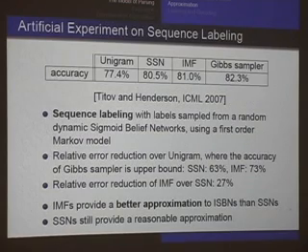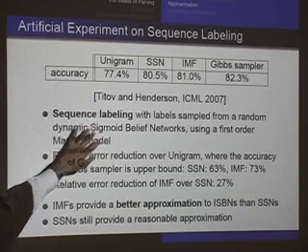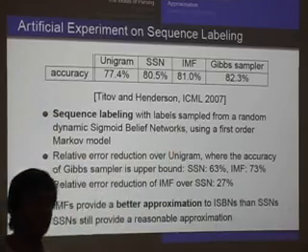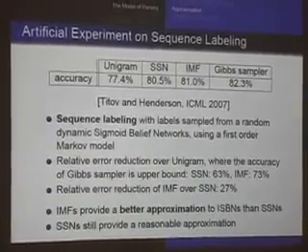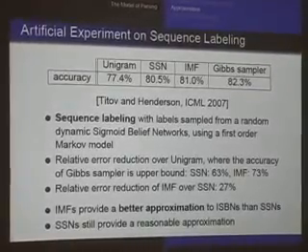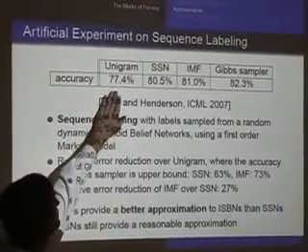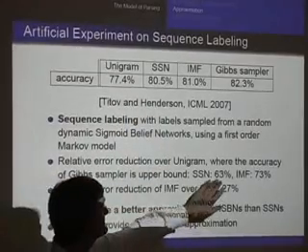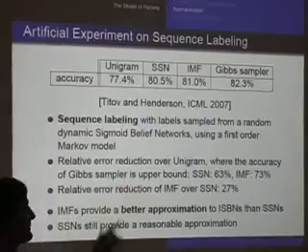Okay, so the first question is, are these good approximations? We did a simulation with just a sequence labeling problem, so it is a Markovian problem, and we did that because then we could do a Gibbs sampler to give us an upper bound on how good an approximation we could possibly expect. We use unigram as a lower bound, and the neural network has a 63% error reduction over the unigram.